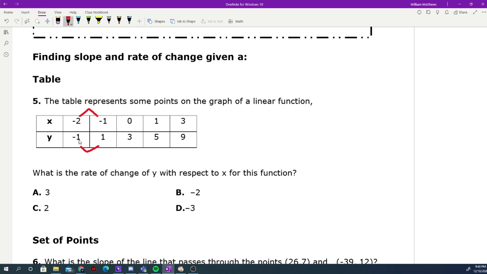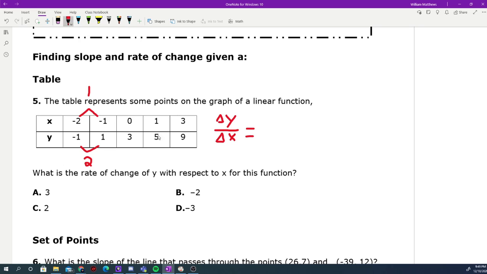My change in y goes from negative 1 to 1. That is a change of 2. My x change is from negative 2 to negative 1. That only changes a value of positive 1. Now we always want to have our change in y, this is delta y, over our change in x, delta x.